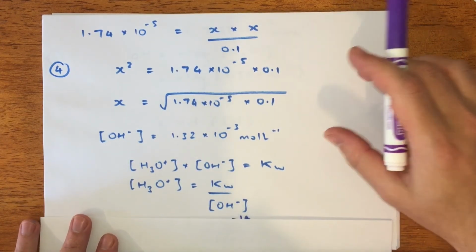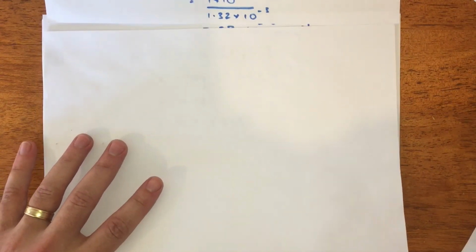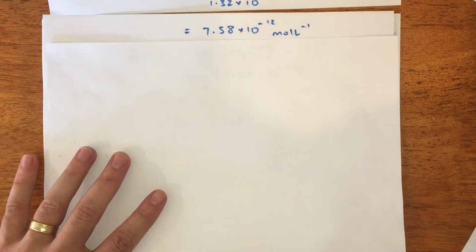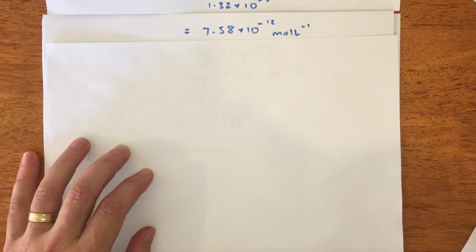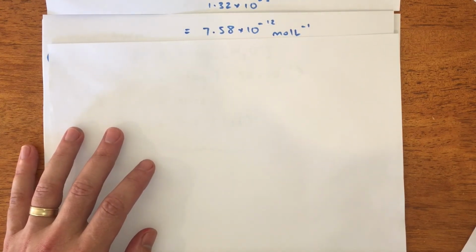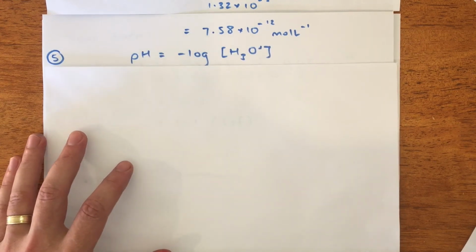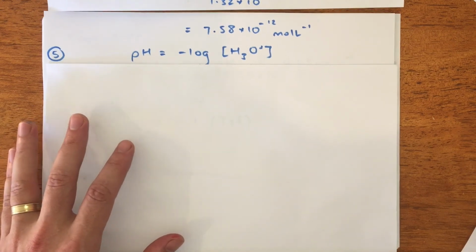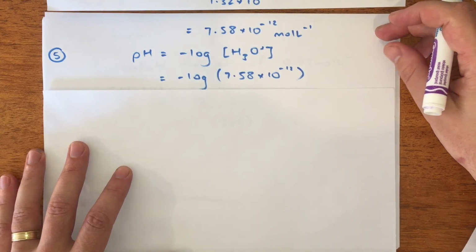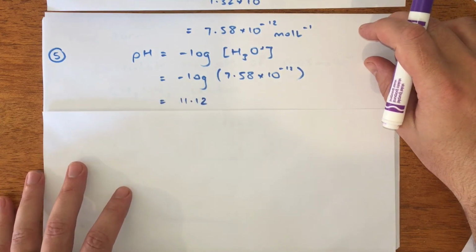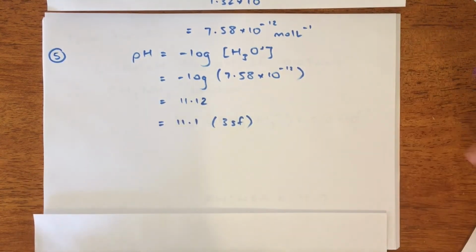I can then substitute in my values, and then reveal my answer as 7.58 times 10 to the minus 12 moles per litre. Now that I have my H3O+ concentration, I can find my pH. Step 5, solve for pH. pH equals the negative log of the hydronium concentration, negative log of that 7.58 times 10 to the minus 12, which equals 11.12, or 11.1 if we round at the third significant figure.